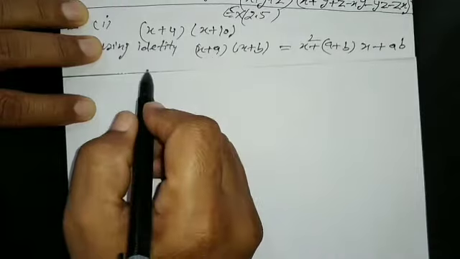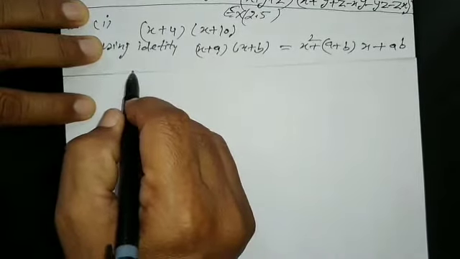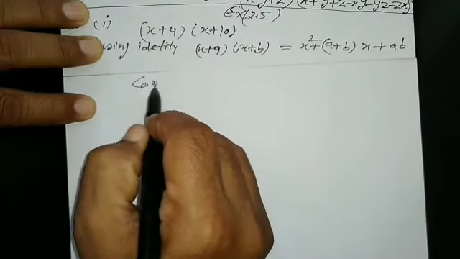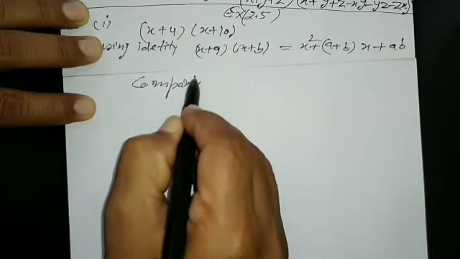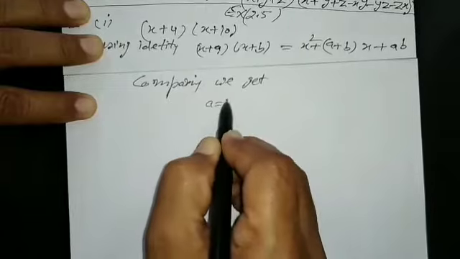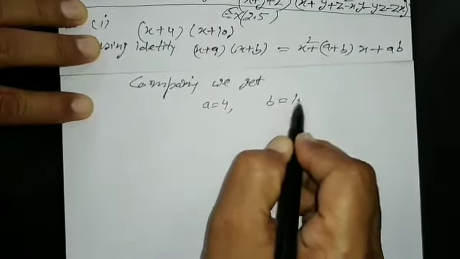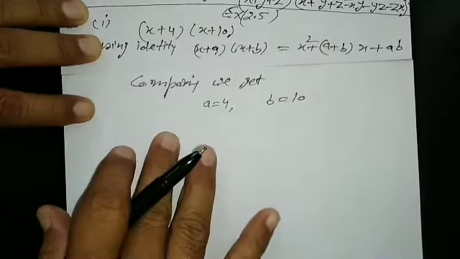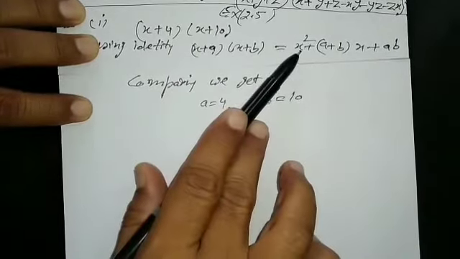Here if we compare, we get a equal to 4, b equal to 10, right? a equal to 4, b equal to 10.